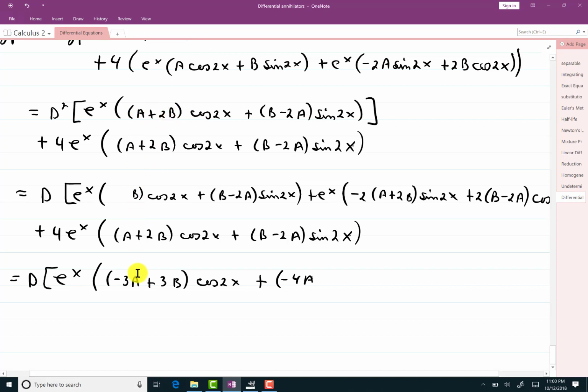Let's try that again then. So the a attached to cosine, I have a positive 1a times cosine, and then I have negative 4a cosine. So I do have the negative 3a. Now the b, I have 2b attached to cosine plus another 2b. That'll be 4b.